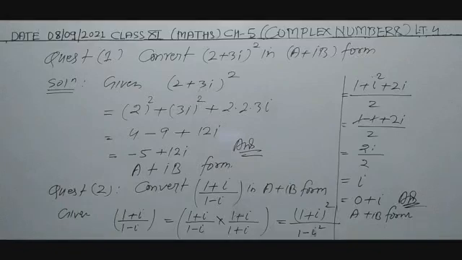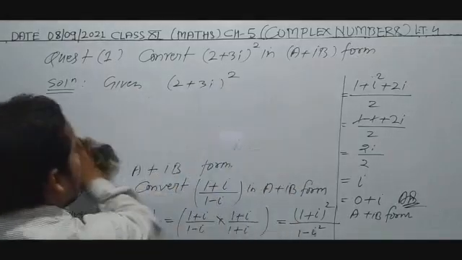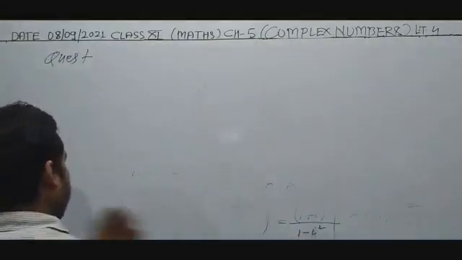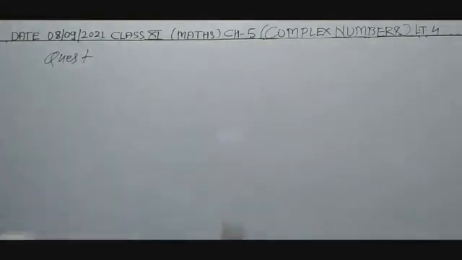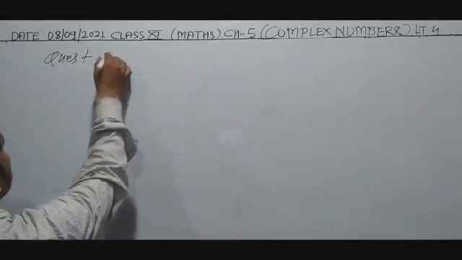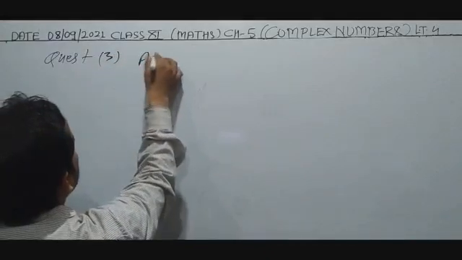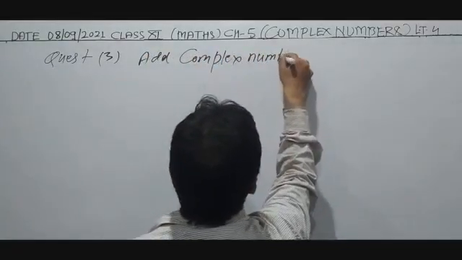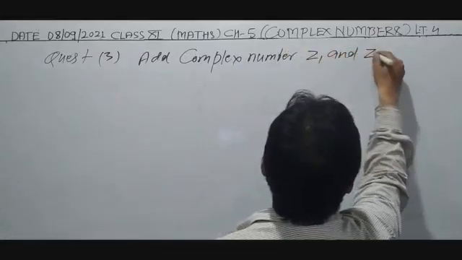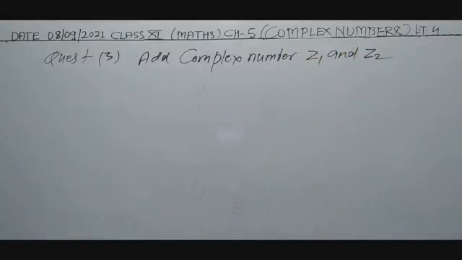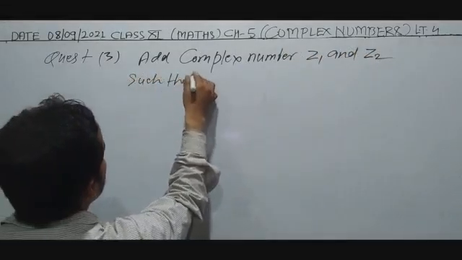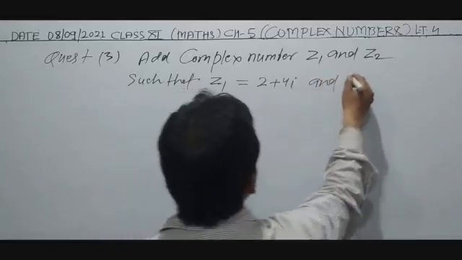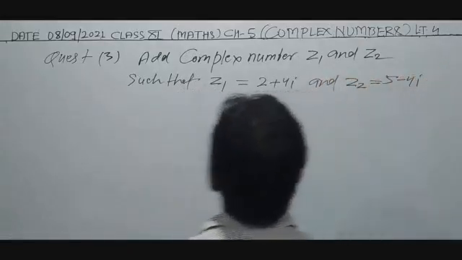Now I will come to the next question. The next question is question number 3. Now question number 3 is, add complex numbers Z1 and Z2 such that Z1 is equal to 2 plus 4i and Z2 is equal to 5 minus 4i.